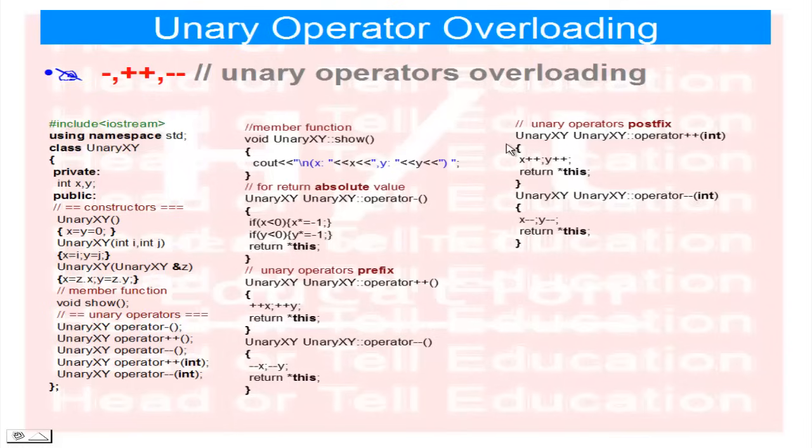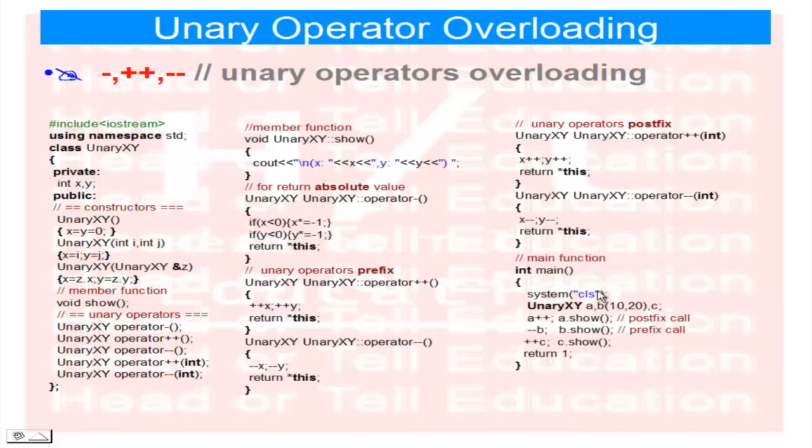So the return type is unary xy colon colon operator plus plus, passing a parameter of type integer, with x plus plus and y plus plus. This is the difference between postfix and prefix. It is the same for minus minus with the integer parameter, x minus minus and y minus minus. This returns the this pointer, meaning the current object.